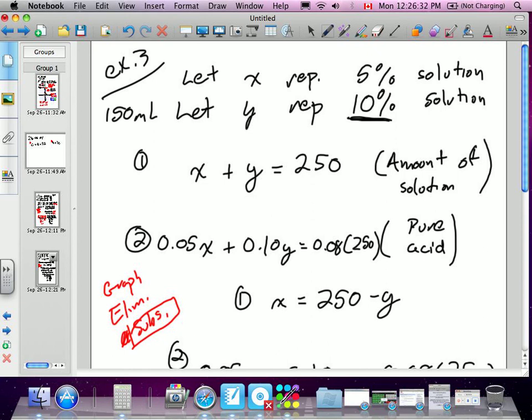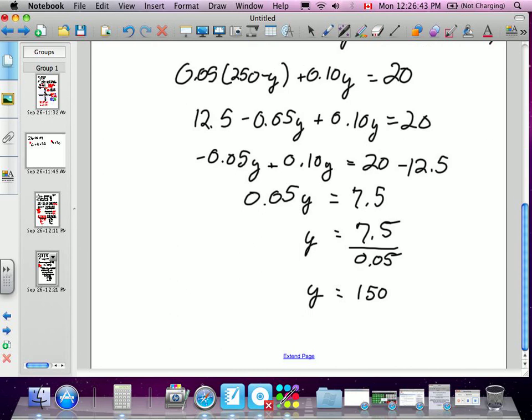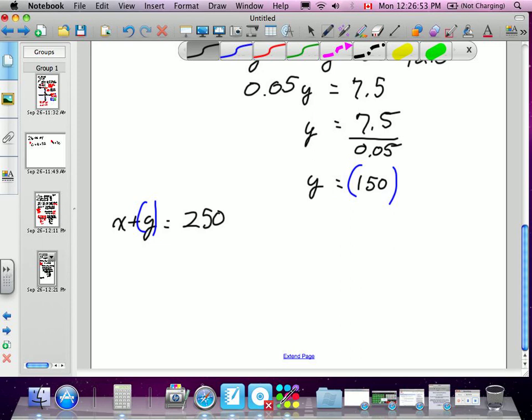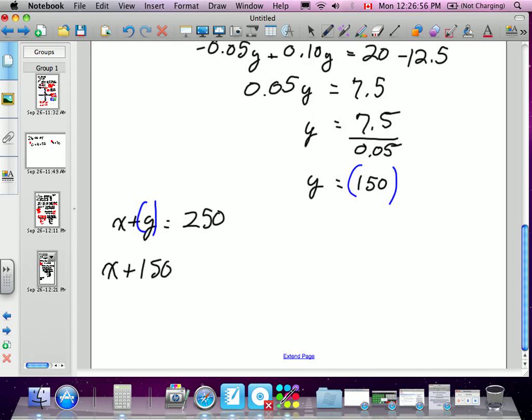I still have to figure out how much of the other solution I need. So I'm going to substitute 150 in for the y and solve for the x. Remember the other equation we had, this is the easier of the two: x plus y equals 250. Our y value is 150, so I'll plug that in. x plus 150 equals 250.